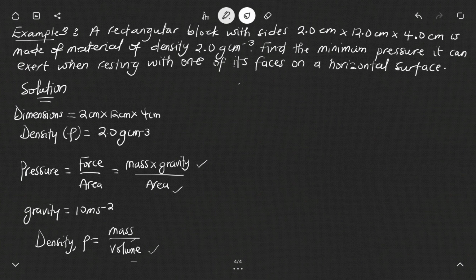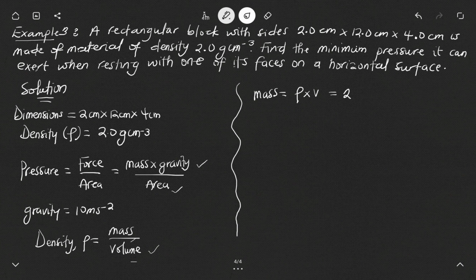So if we make mass the subject, mass will be equal to the density multiplied by the volume. The density is 2, so we have 2 there. Because the unit is in gram per cm cube, not kilogram per meters cube, I will not convert the density to kilogram per meters cube.